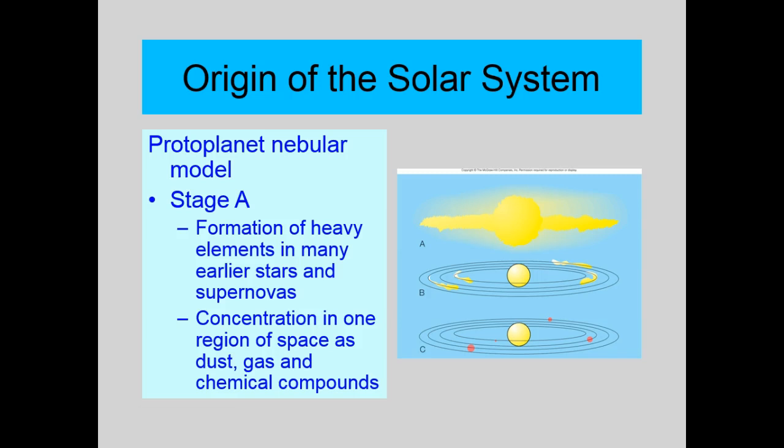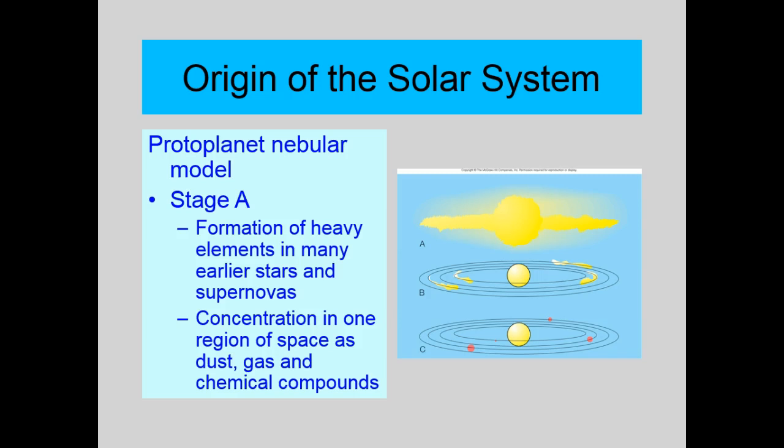Something has made the material sort of clump or group together, a gravitational nudge, something like that, and this is stage A. And if you remember back, when you have a star falling apart, it doesn't fall apart, it explodes apart, and when that happens, many of the heavier elements are formed.